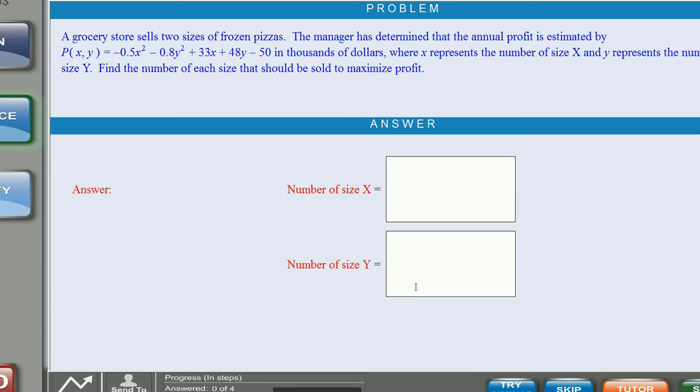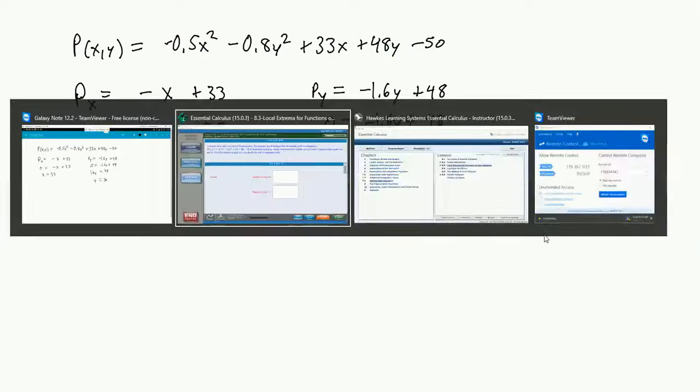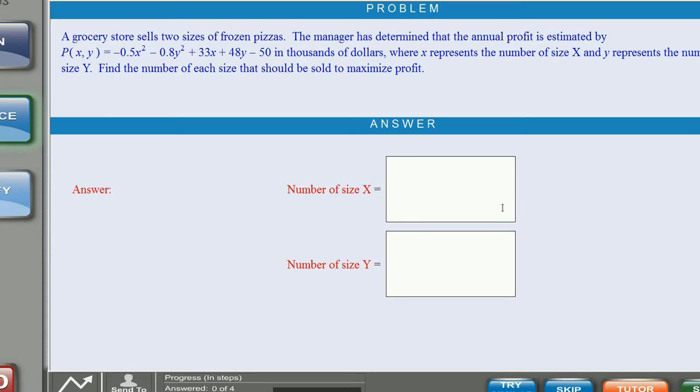So once you have this x and y value here, that's it. X is 33, y is 30. So use that to your advantage. It lets you shorten the process up, and we're still able to test you on basically finding the critical points without having to go through the entire test for that question.